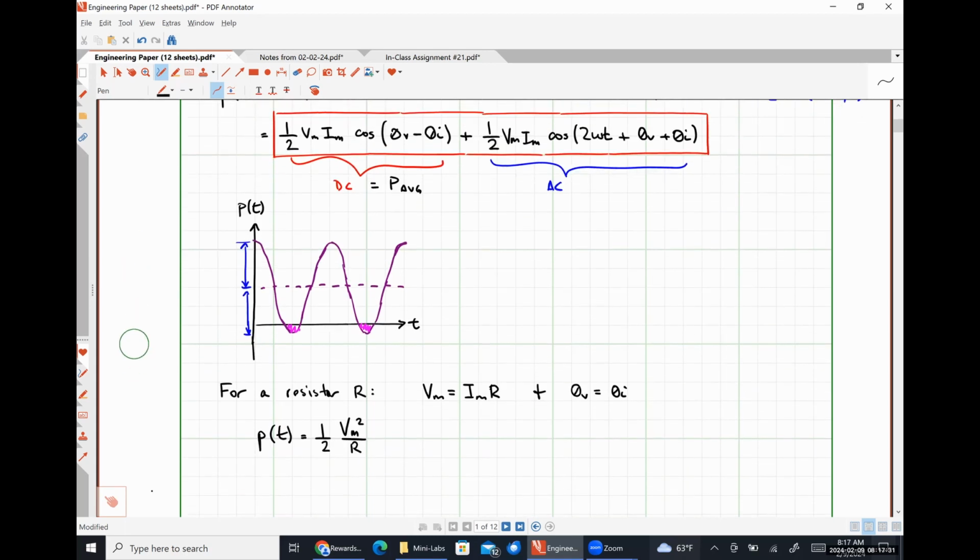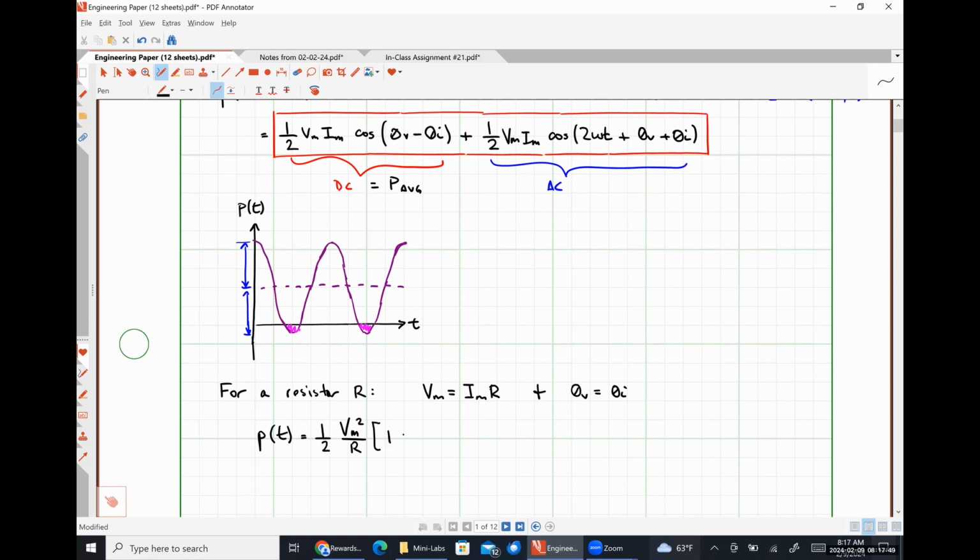I'm literally just going through our generic equation, but putting everything in terms of our voltage. So what's theta V minus theta I for a resistor? 0. So what's the cosine of 0? 1. Okay.